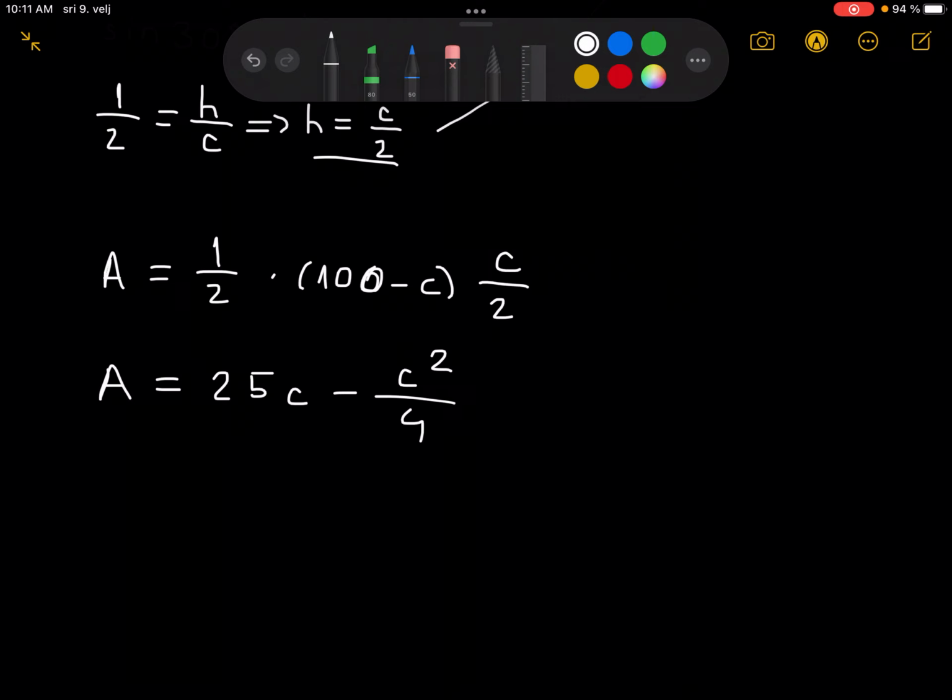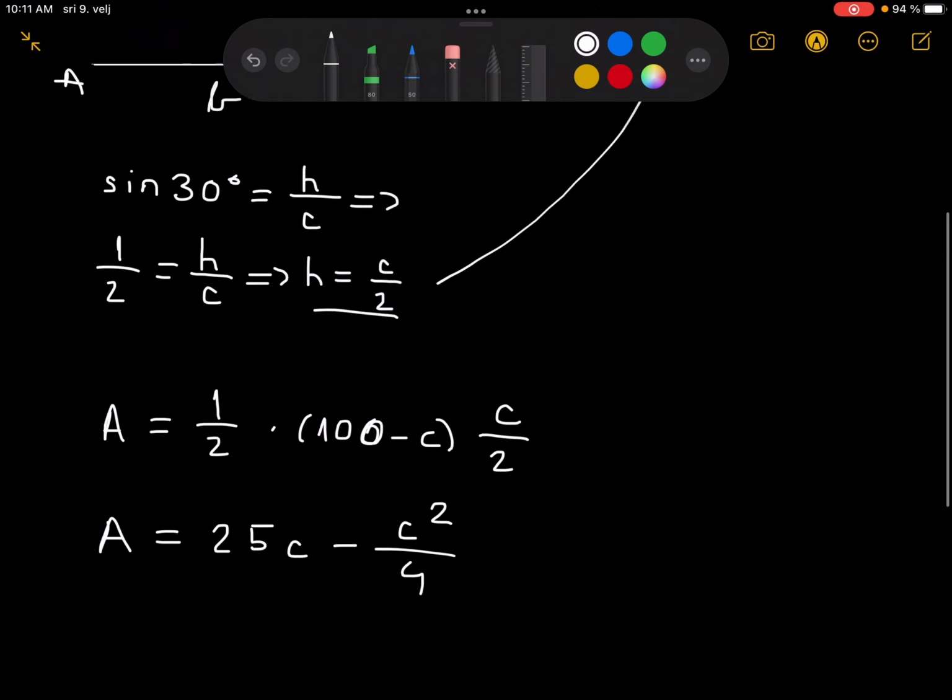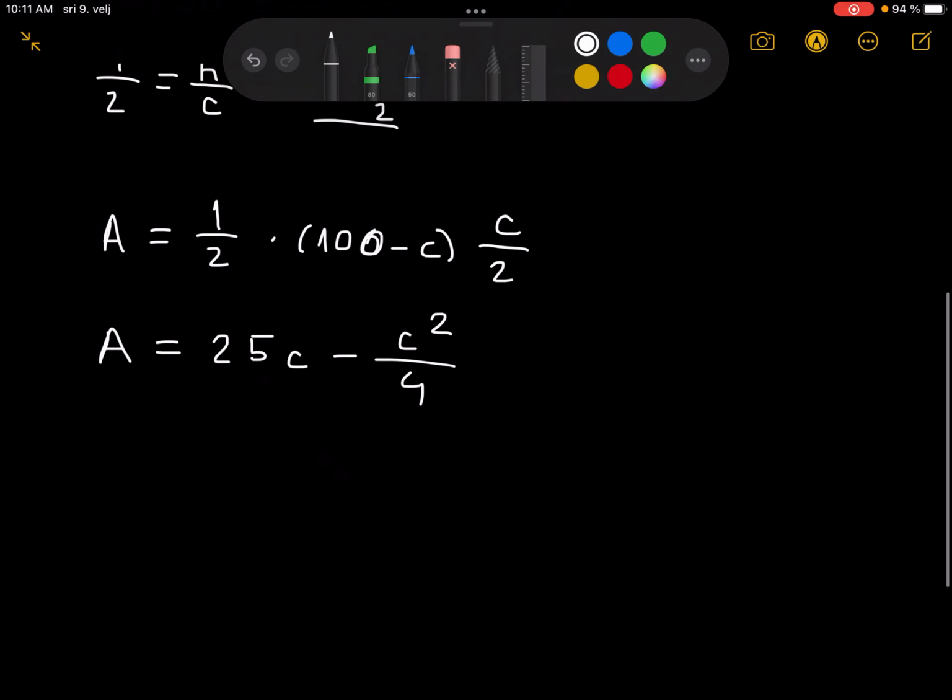So we've expressed the area of our triangle as a function, and it's a parabola nonetheless, as a function of the side C. Now it's pretty much just calculus from here. So d over dc. So A prime, we're just differentiating both sides, taking the derivatives.